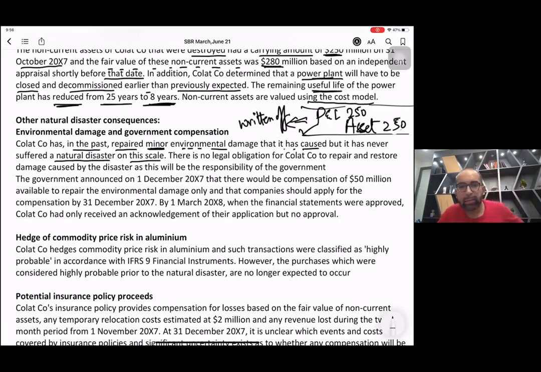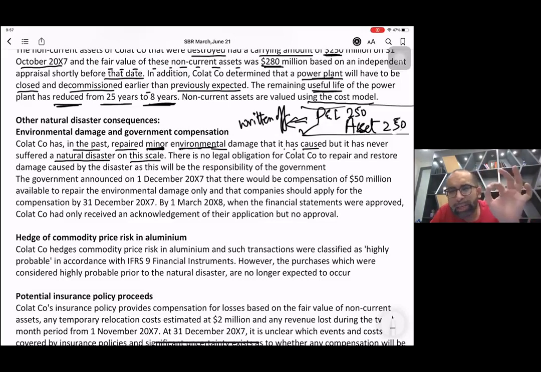Listen, yes, as we are operating, definitely we may create pollution. So if we are creating pollution, listen to me very carefully, we are damaging the environment. So in the past we repaired minor environmental damages.